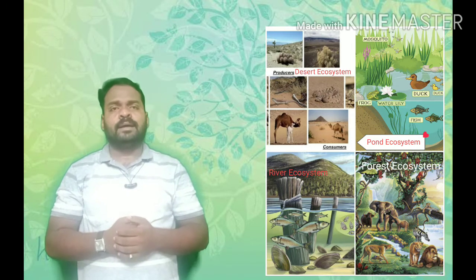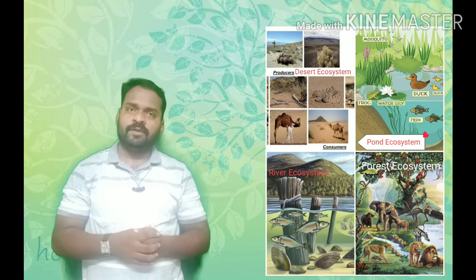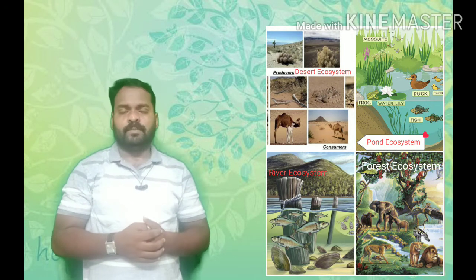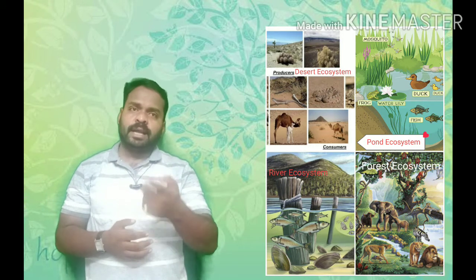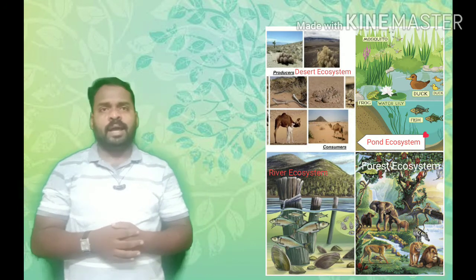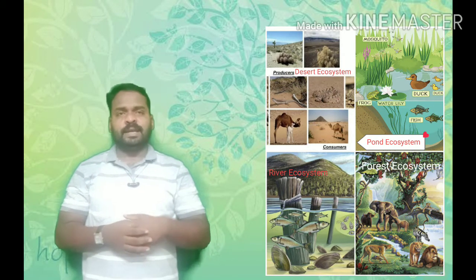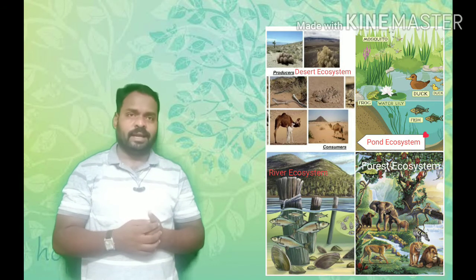It says that there are 2 types of components present on this planet, either living or non-living. These living and non-living components interact with each other to produce the exchange of material. We know that every living organism depends on the non-living components, either directly or indirectly.